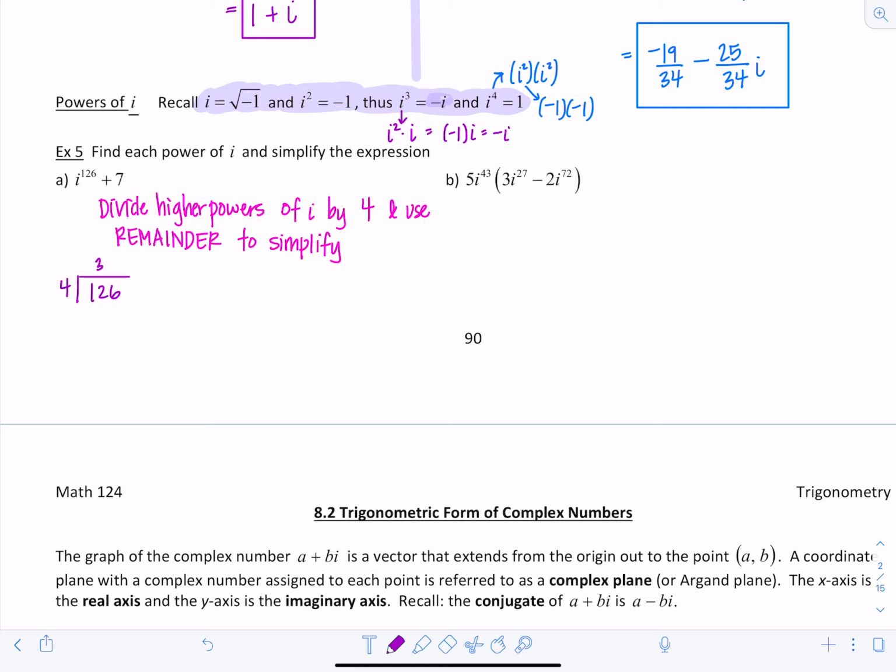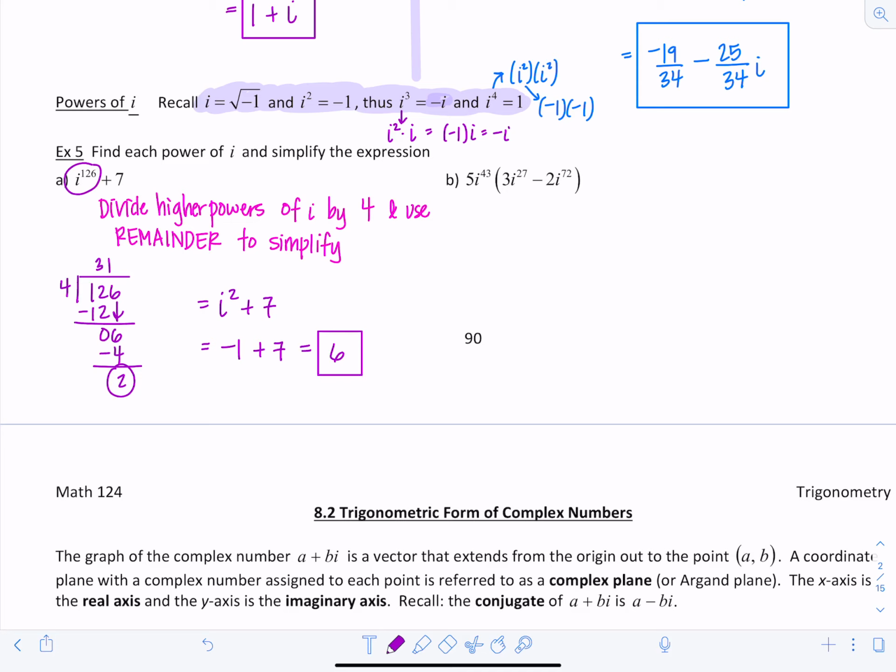So let's see, this is going to be 3, 12, bring down the 6, that goes in once. I don't care about the 31, all I'm after is this remainder. So the remainder is 2. That means i to the 126th is the same as i squared. And then you do have to make sure you memorize those first four powers of i. So i squared is negative 1, plus 7, which is 6. Okay.